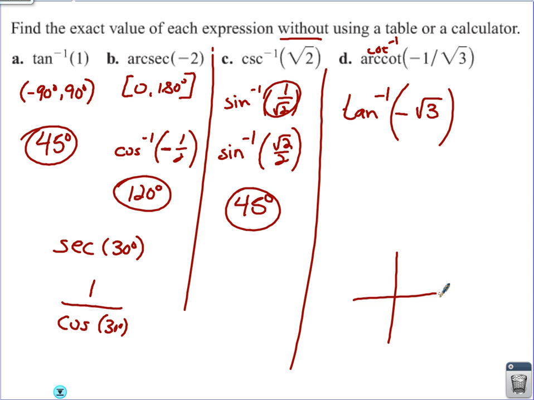It has to be either, let's see, all students take calculus. There's where you restrict tangent to. So since it's negative, it should be somewhere down here. What's our reference angle? The tangent of what is root 3? 60 degrees. But since we're in the fourth quadrant, since you have a negative, instead of being 60 degrees, it'll be negative 60 degrees.